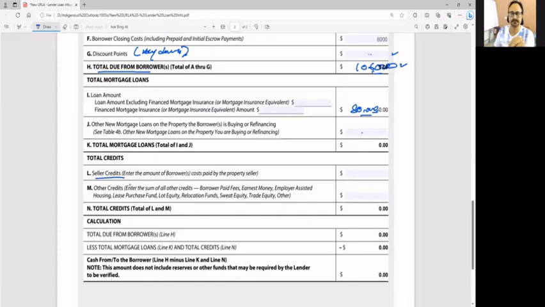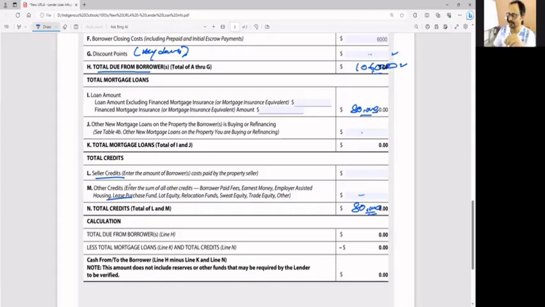Seller credits means sometimes the seller also gives a discount, saying, okay, I will give you a 5,000 discount, right? Other credits: if the borrower gets some other credits, such as gift funds from mother, father, or any other blood relations, or from an employer, or from the state, those amounts could be written here. Total as of now, 80,000 is the total that the borrower has arranged.